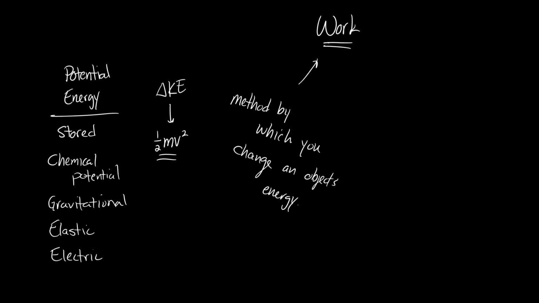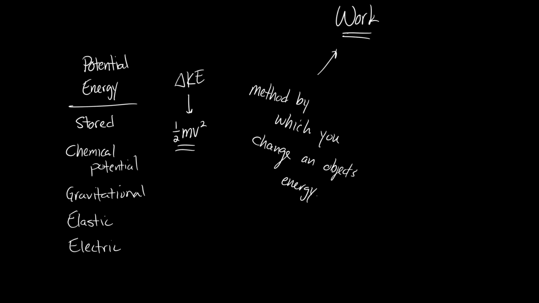They all share one thing in common, that in order for there to be stored energy, you have to have a system that interacts. A single atom can't store chemical potential energy, but an atom attached to another atom through a chemical bond can.